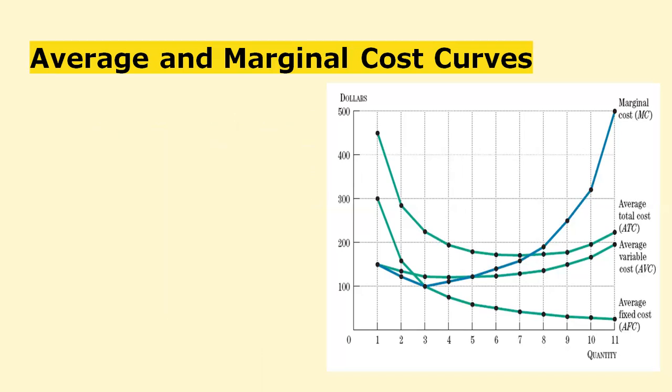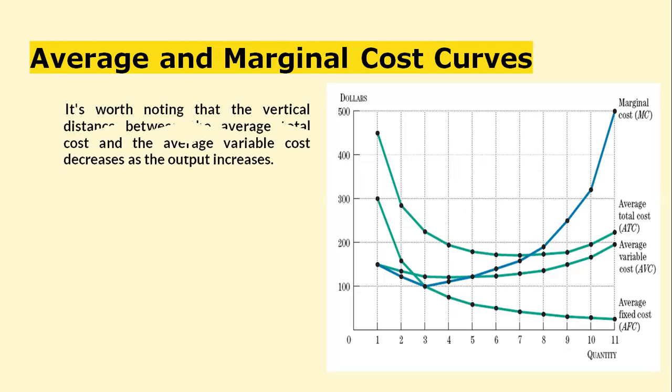Average and marginal cost curves. It's worth noting that the vertical distance between the average total cost and the average variable cost decreases as the output increases.